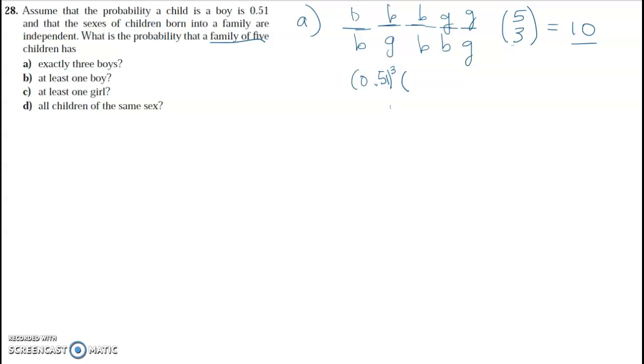And the rest, the 2 girls, must be girls, so the probability of having a girl is 0.49, and you're going to have 2 of them, so we multiply it by itself 2 times. And we have 10 different arrangements, so whatever this equates to would be the answer for A, having exactly 3 boys.